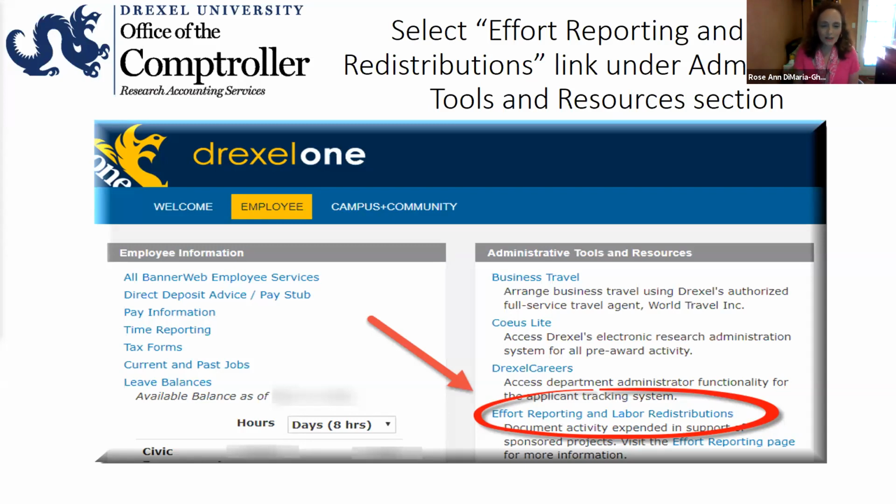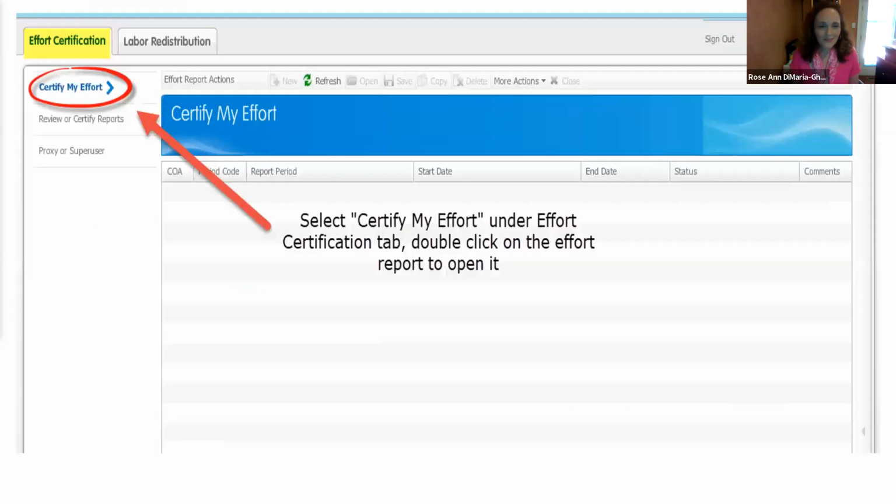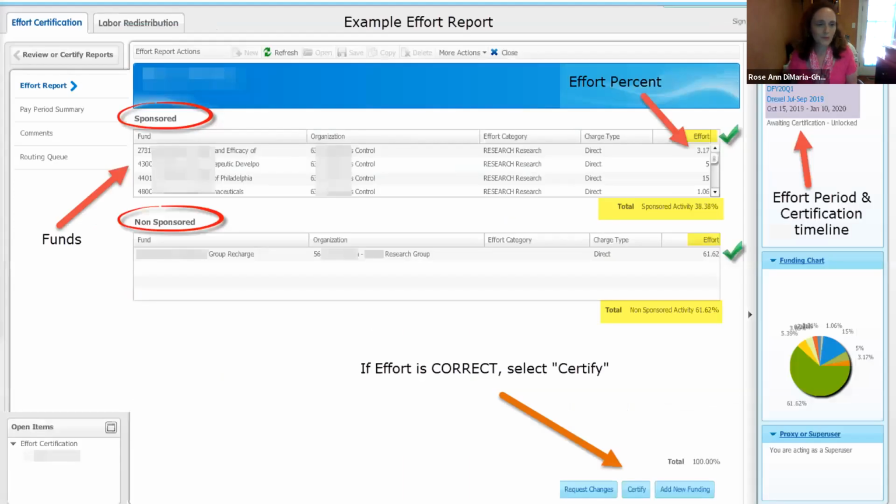So you log into Drexel One, you click on effort reporting. Next slide. Then if it's time to certify your effort, you click on the Certify My Effort tab. And then you will see the breakdown of your effort for sponsored projects and non-sponsored projects. For instance, the faculty member in this example is on 4 different sponsored projects, and their effort for each project is different.